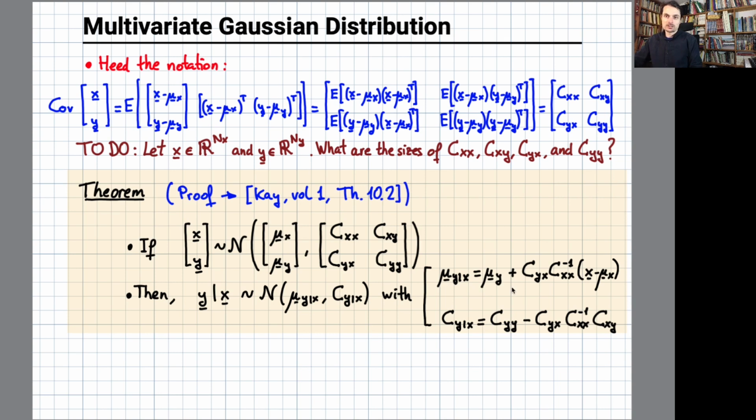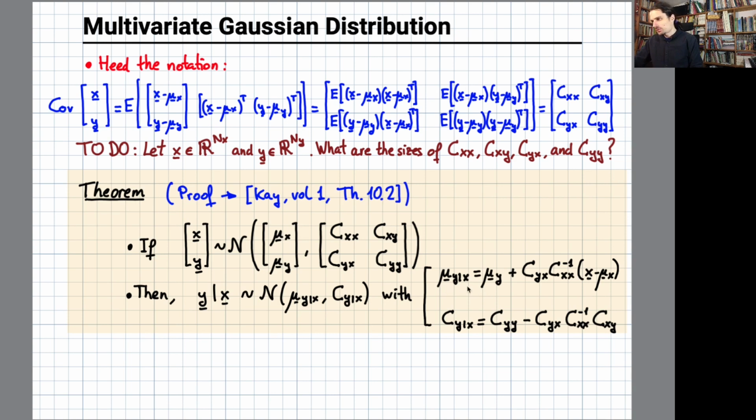They clearly generalize the expressions that we saw for bivariate Gaussian distributions, right? And they are expressions that show up so frequently in the rest of the course that I recommend that we all try to remember them and learn them by heart. That will be extremely useful. It's actually not difficult to remember them.